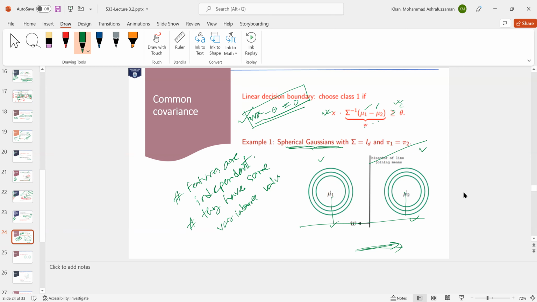Now if we get a new data point here, we'll assign it class 1. If we have a data point here, we'll assign it class 2, like this.